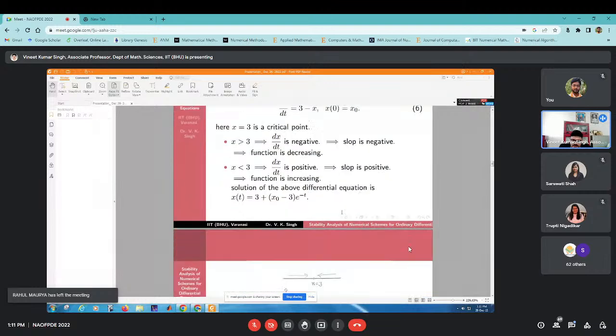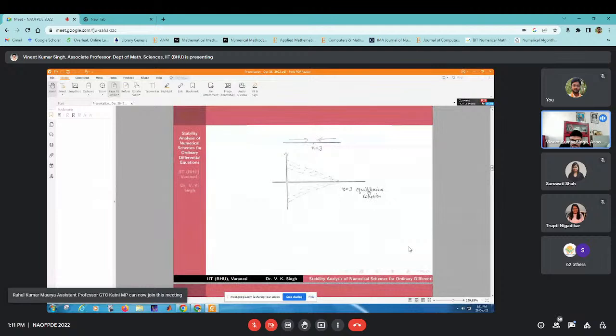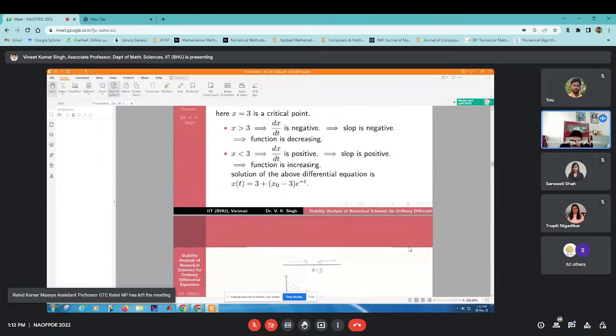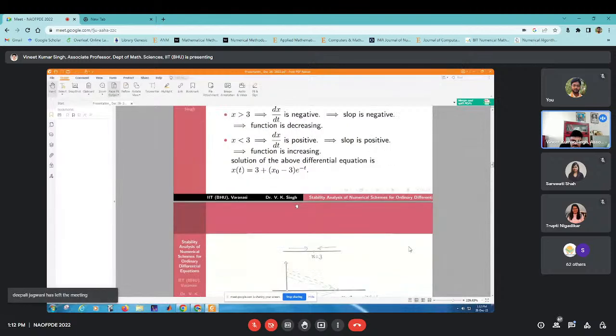Okay, so look here, I have given this graphical representation. The x equal to 3 is the equilibrium solution. We have seen that if x is greater than 3, the solution is decreasing. Sorry, when x is greater than 3, the solution is decreasing, and when x is less than 3, the solution is increasing.